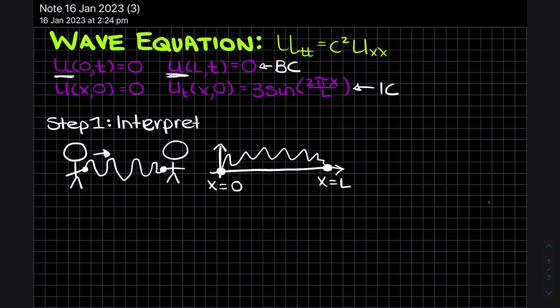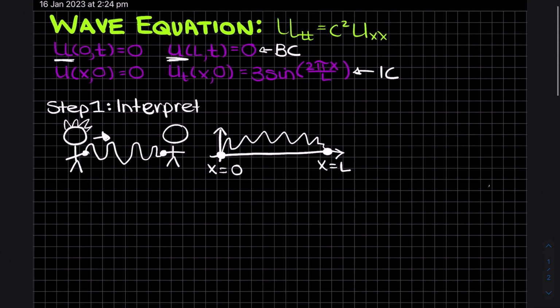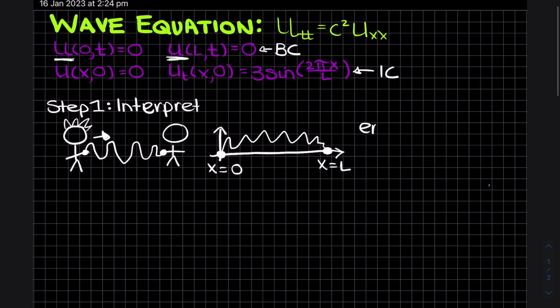Or if you've got these people here, they're holding it really loosely. So the wave modelled is going to look a lot different to it modelled with the people holding really tightly. The two waves are going to look different. So we need to know these things. So here we have the ends are fixed, and they're fixed at 0.